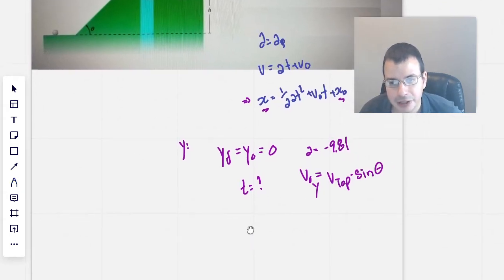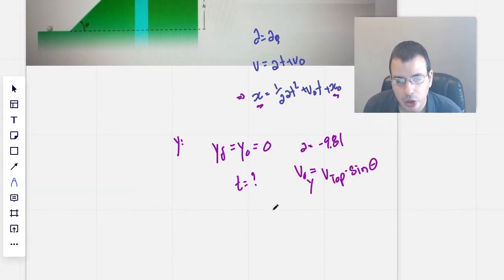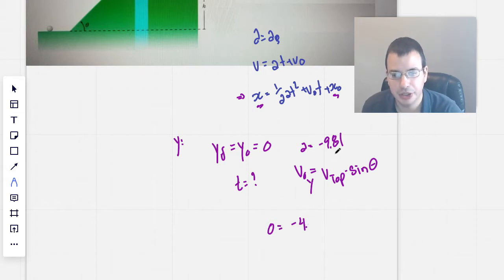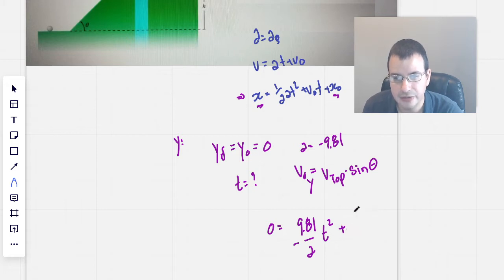Now I'm going to write this out. So we have 0 equals negative 9.81 over 2 times t squared plus v naught in the y direction, v top times sine of theta, times t plus 0.